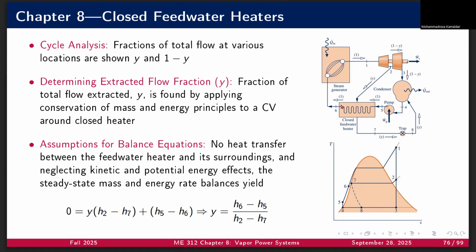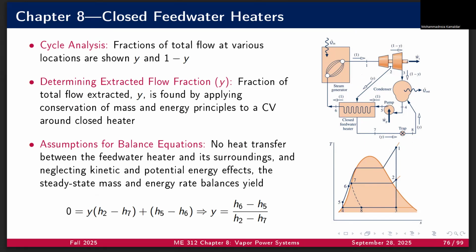So if we do this energy balance for a control volume around the closed heater, two mass flows enter and exit. Basically, we have entering mass at this point and this point, and exiting mass at this point, 7 and 6. We have flow rate Y here and flow rate 1 here.